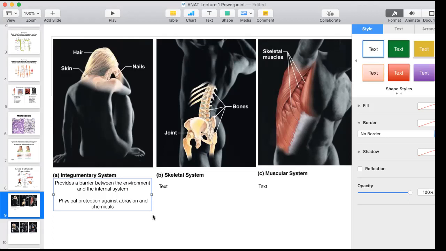So that is the great thing about the integumentary system: the very outside layer is dead. So if it encounters anything corrosive, it's not going to feel it.